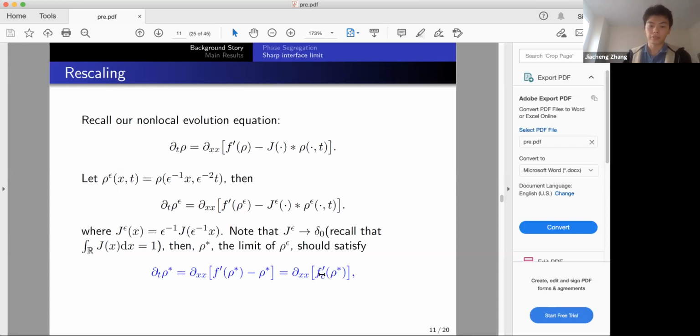But it needs some assumptions. But the assumption is quite loose. It doesn't need some explicit shape of j or anything else. As long as you have some symmetry, that should be fine.